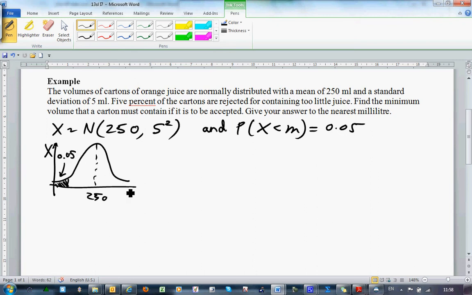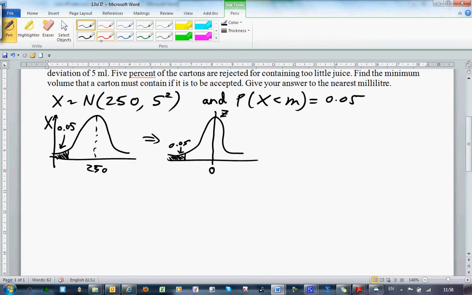This will translate into our Z standard normal with a mean of 0, but still obviously we're looking for the area of 0.05 in there. The task then is to find what value on that x-axis that is. And once we've got that, we can use it.